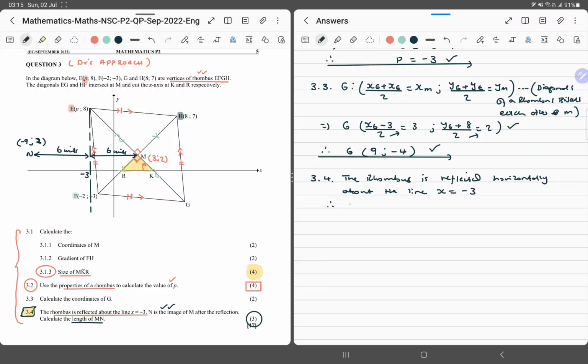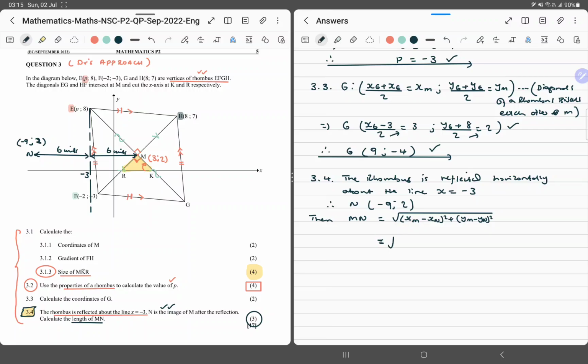We can say therefore N is this point, -9, 2. Again, we are doing this by inspection. You don't want to think too much. You can then say MN is going to be the square root of x at M minus x at N all squared plus y at M minus y at N squared.